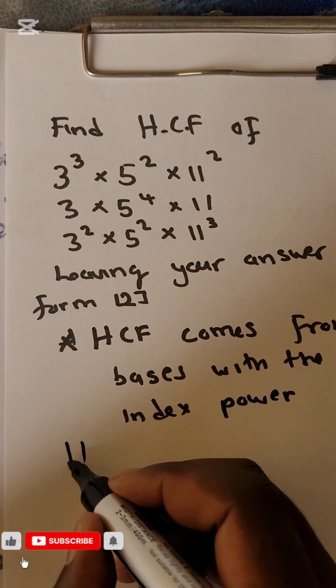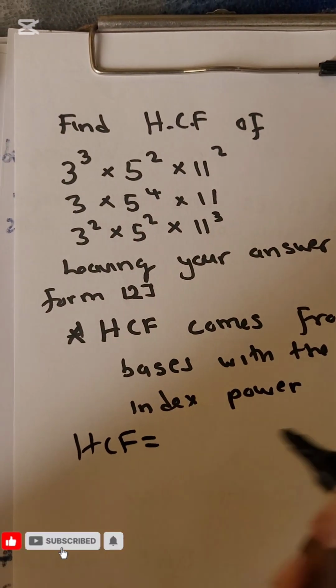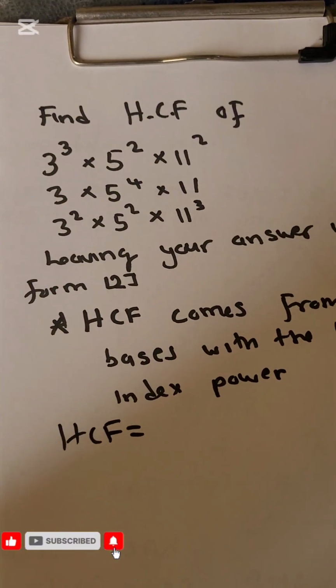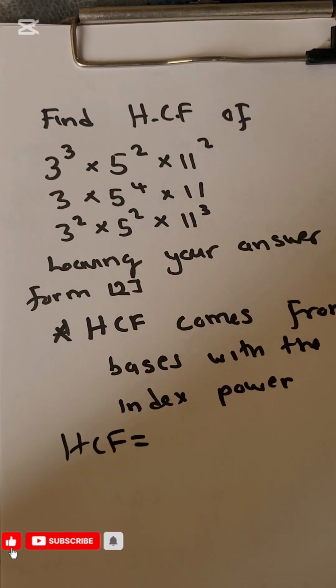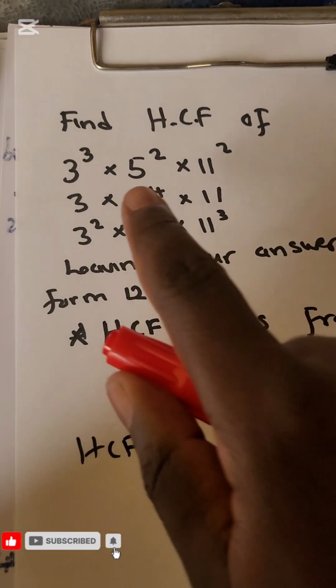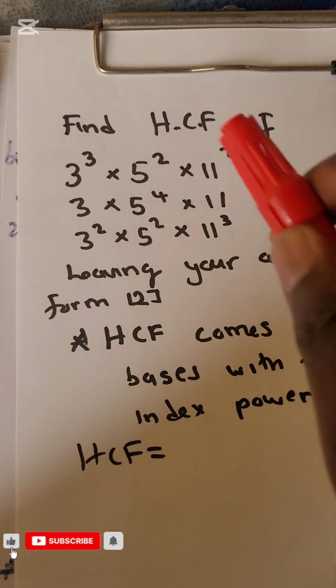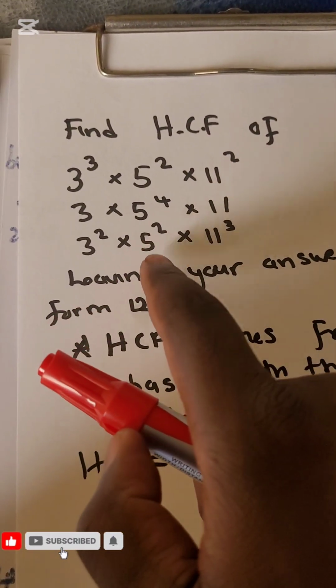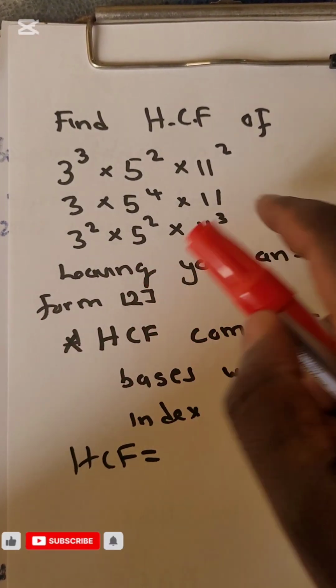So I want to find the HCF. 3 is common right here, and with the lowest power, it is 3. 5 is common, and with the lowest power, it's 5 to the power of 2. 11 is common with the lowest power, 11.